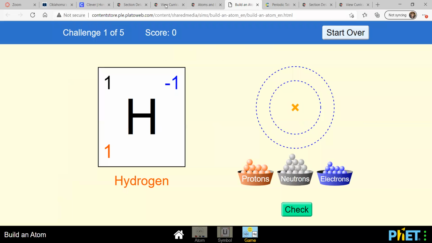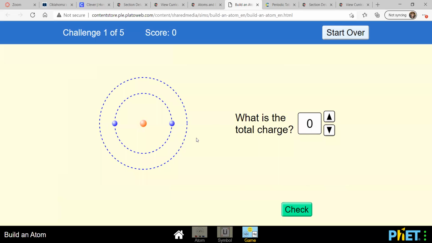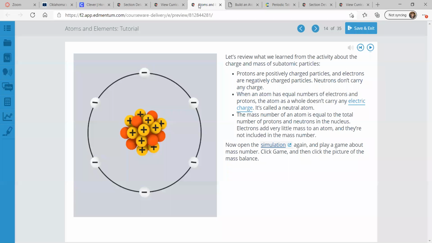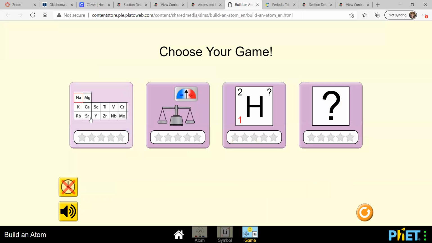Oh, whoops, wrong game. Click game and then click the picture of the mass balance. Did I click the wrong one? No, looks like it.